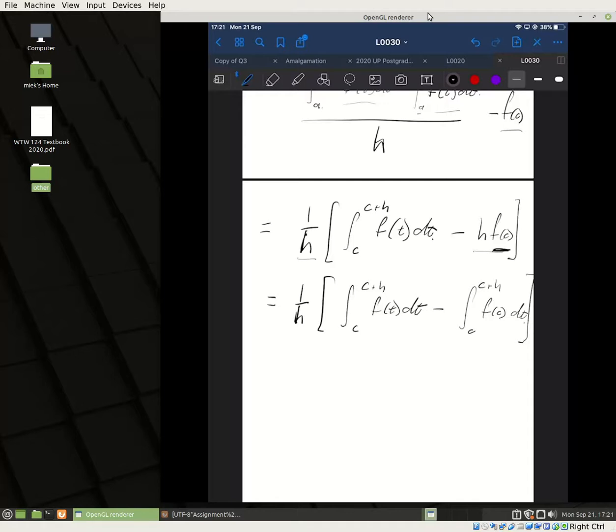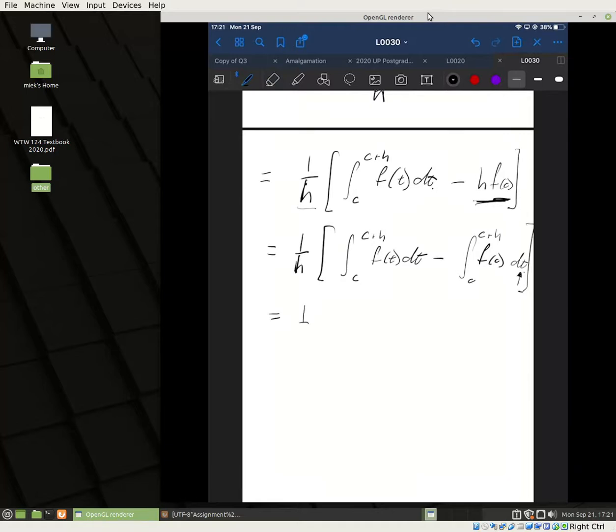And why does that work? We are integrating this constant. This f(c) does not depend on t, so this is essentially a constant. So we can in fact take it out, and then we have the integral of 1, which is just the area of the rectangle with height 1 and width h, which is h. So this then becomes the integral of f(c). And we can put these integrals together.